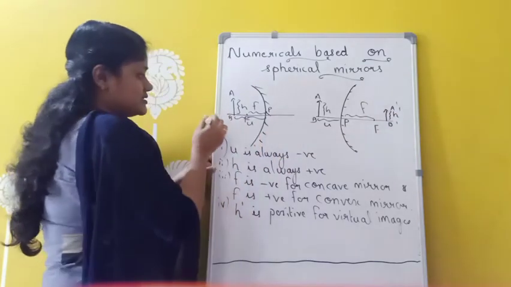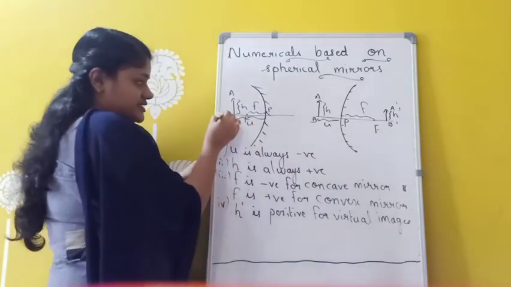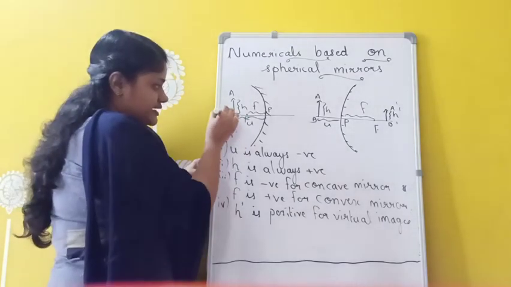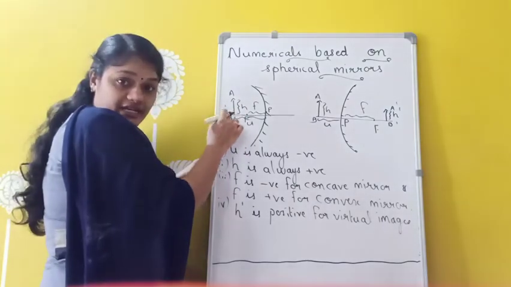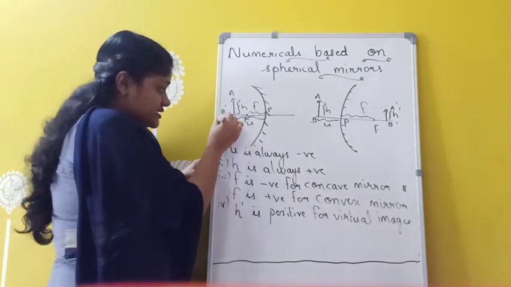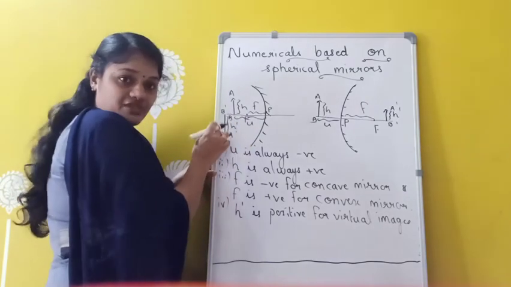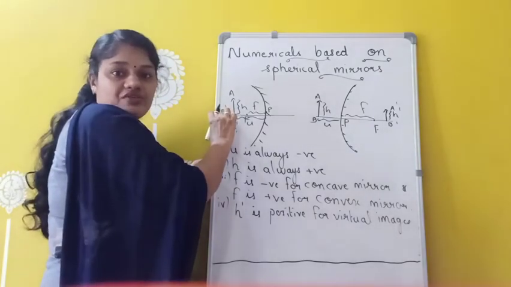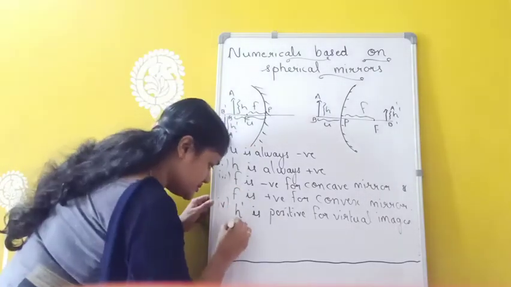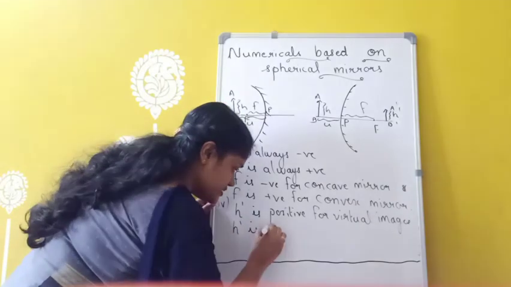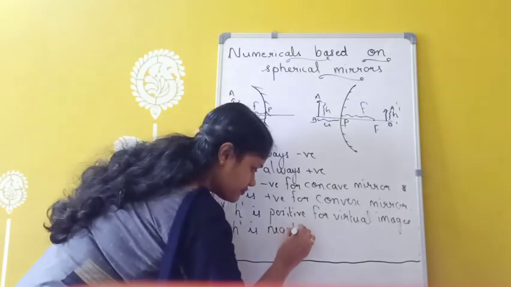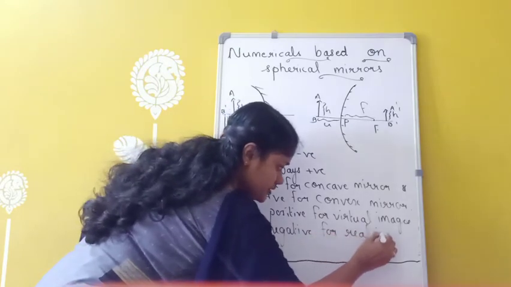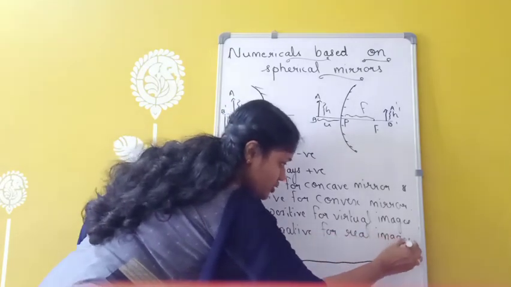And suppose in the case of concave mirror, we are getting an inverted image A dash B dash, that means the image below the principal axis. In this condition, h dash is taken as negative. This is actually a real image, and a real image is always inverted. So h dash is negative for real images.